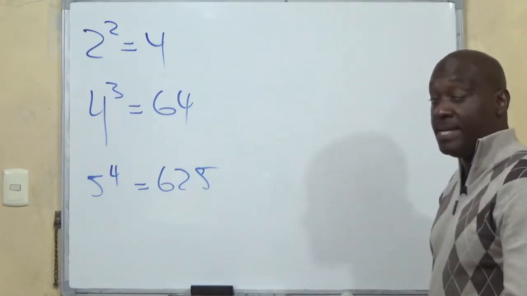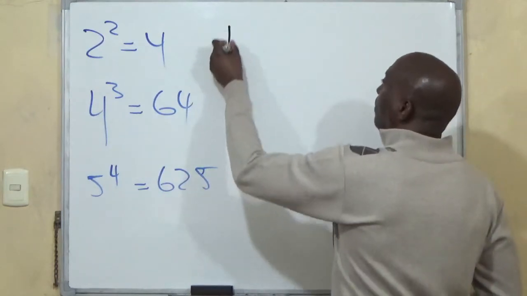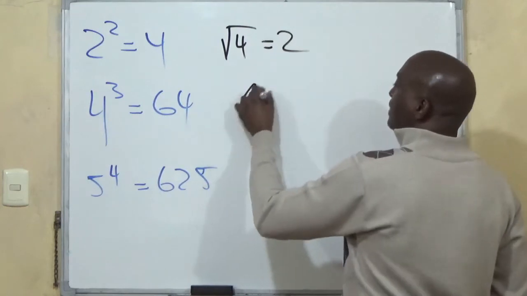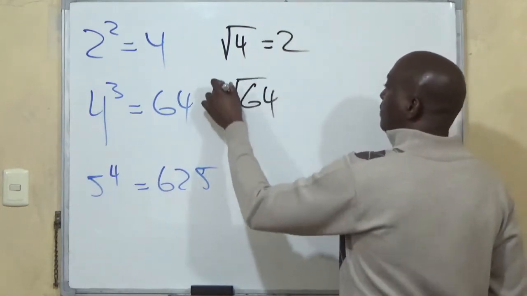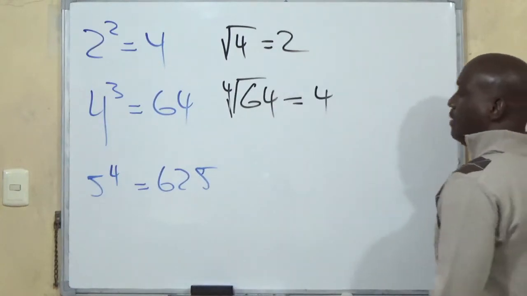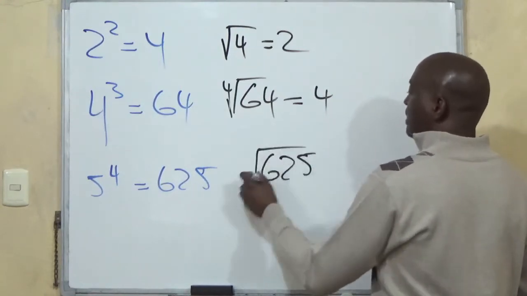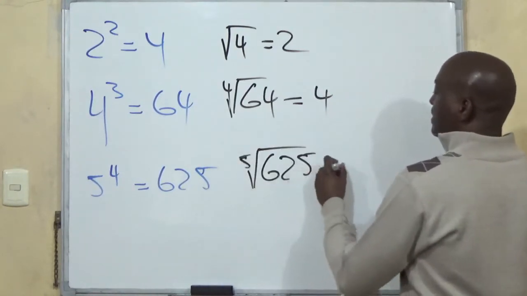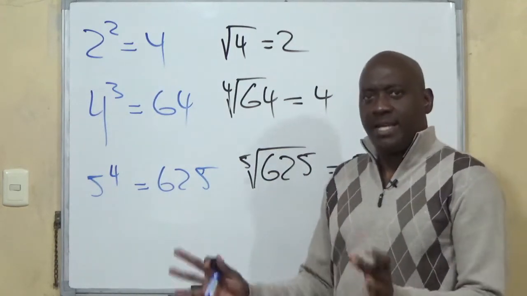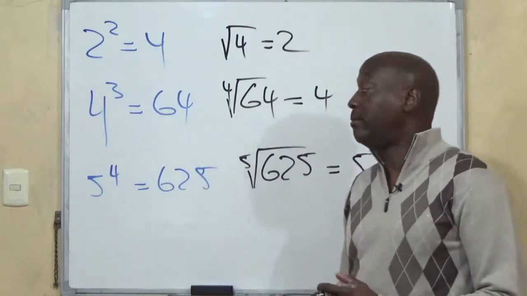What that means, the flip side, is that the square root of 4 is equal to 2. It means here that the cube root of 64 is equal to 4. And down here, it means that the fifth root of 625 is equal to 5. So you have exact powers and exact roots, all with integers at the helm.